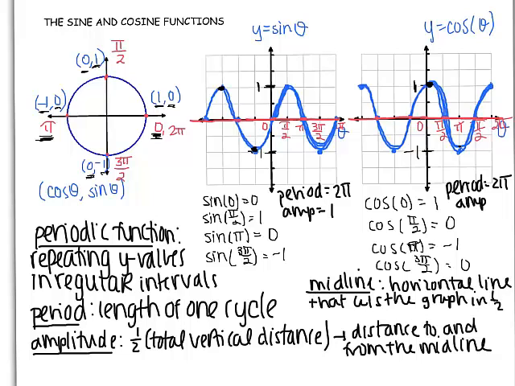Because that graph has a midline right on the x-axis, and the maximum is 1, whilst the minimum is -1. Max at 1, minimum of -1. So that amplitude is 1 because the distance from the midline up is 1 and the distance from the midline down is also 1.